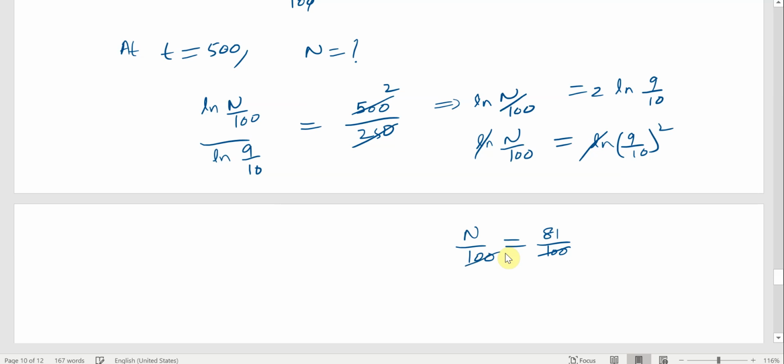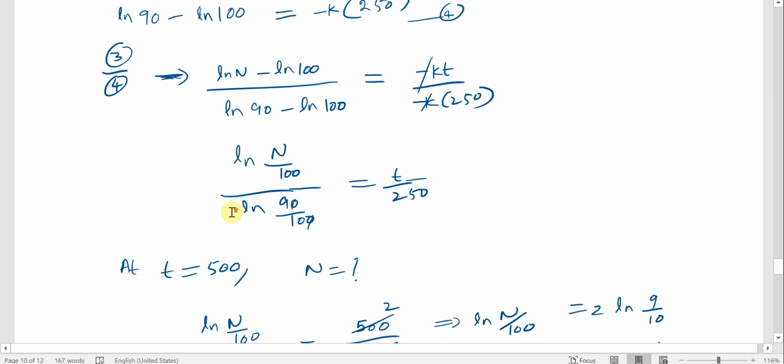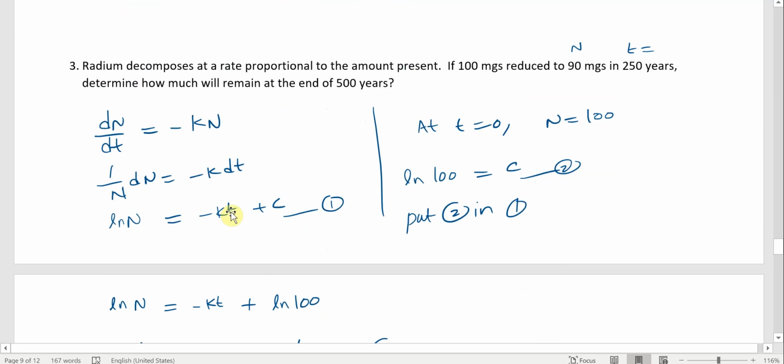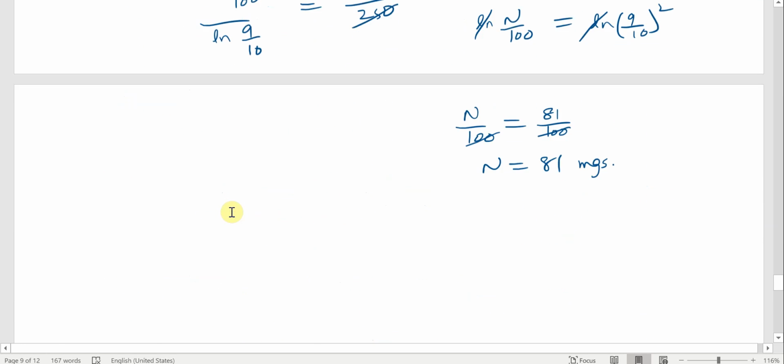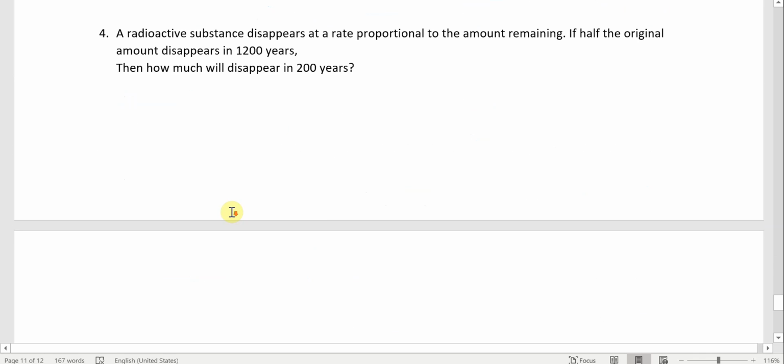Clearly these two get cancelled, so n equals 81 milligrams. This much will be remaining after 500 years. So like this we can solve this decomposition or decay problem.